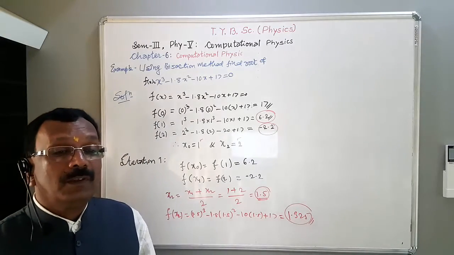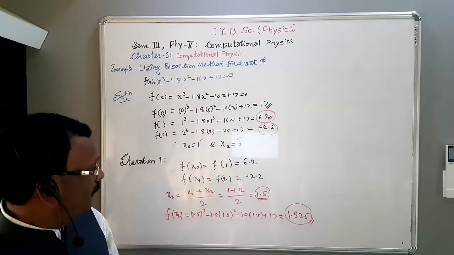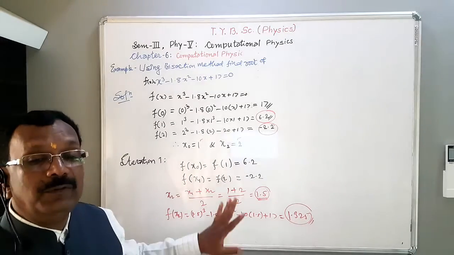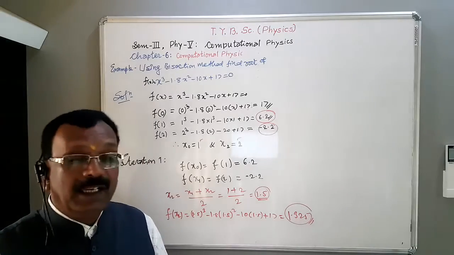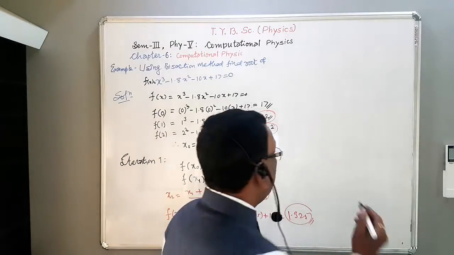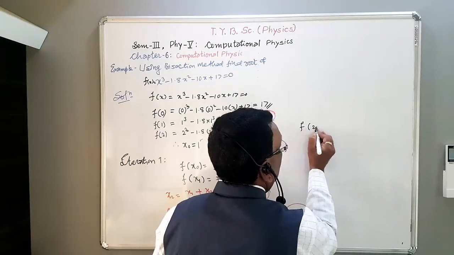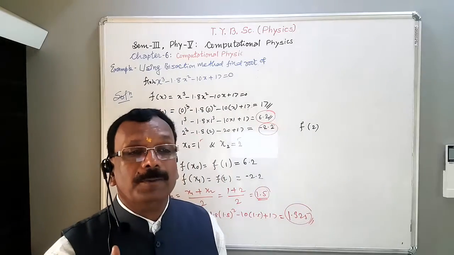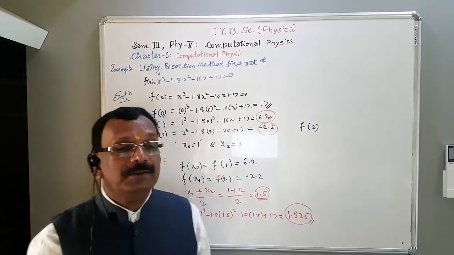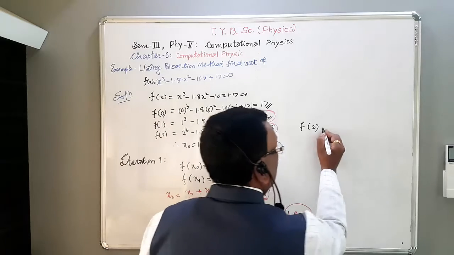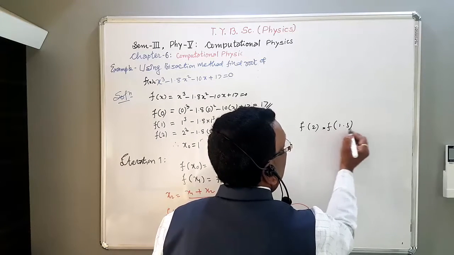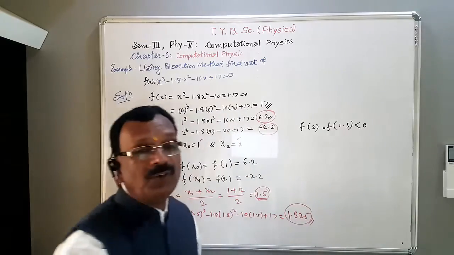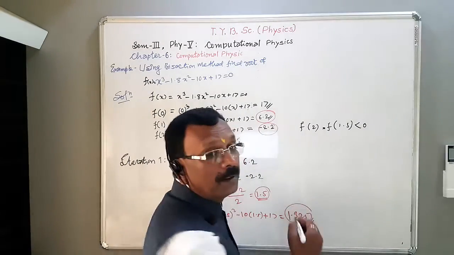Now, by looking at this result, here we can decide that f of 2, that means f of x1, into f of 1.5 is less than 0. That means what?